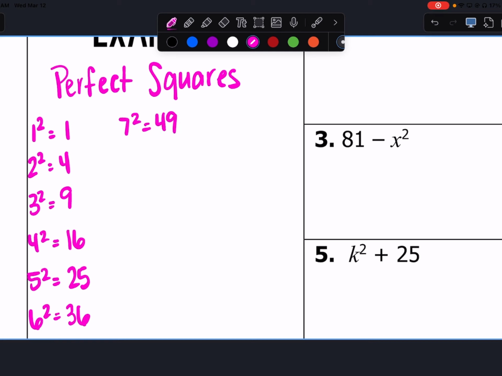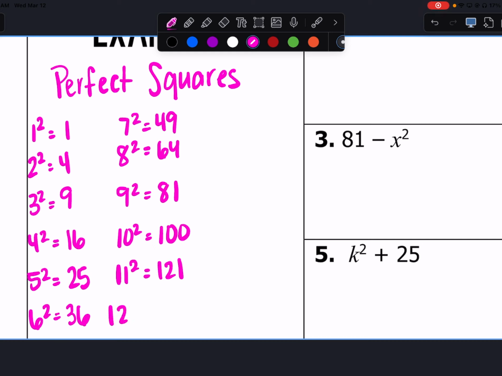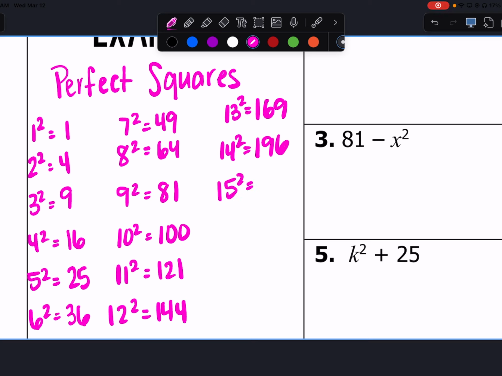We're going up to however far I decide to go up to. 8 squared is? 9 squared is? 10 squared is? 11 squared is? 12 squared is? 13 squared is? 14 squared is? 15 squared is?